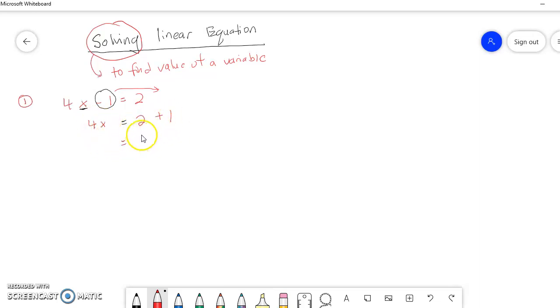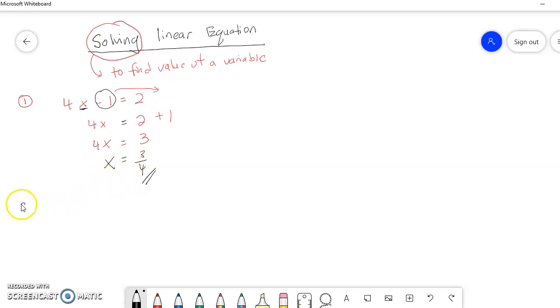We solve this: 2 plus 1 equals 3. Then this is multiplied by 4x, so this 4 moves to the opposite side and becomes 3 over 4. That's all. Your x value is 3 over 4.